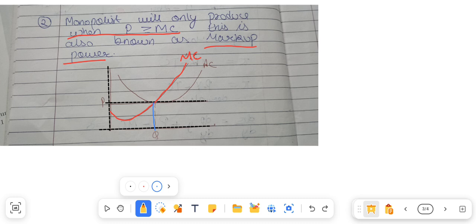Now the monopolist must be producing this quantity at a cost, so here we draw the average cost curve. This is only for understanding.